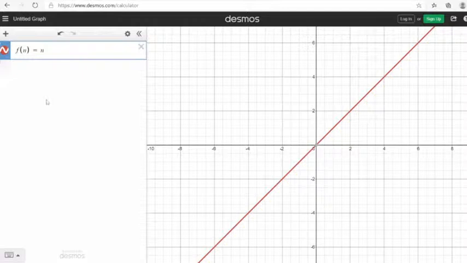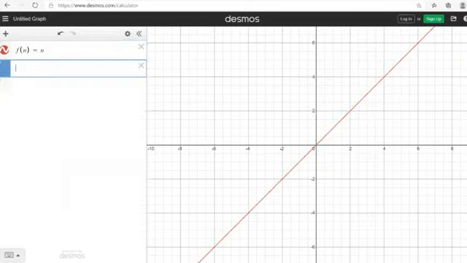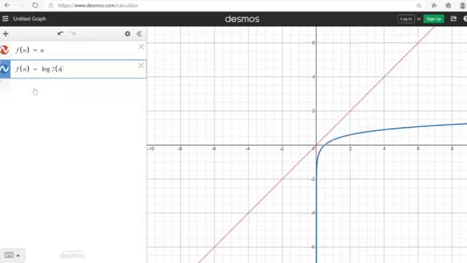That's one equation. We're going to take all the possible time complexities and compare how they behave. Next I will add one more function: f of n is equal to logarithm of n, log base 2 of n. This is the second equation.